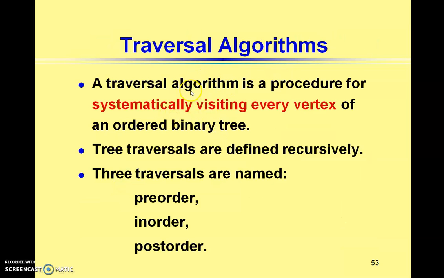Traversal algorithms, where you go through the tree, are procedures that look at every vertex, and they're done recursively, so it's sort of interesting to write that in a program. There are three: pre-order, in-order, post-order.